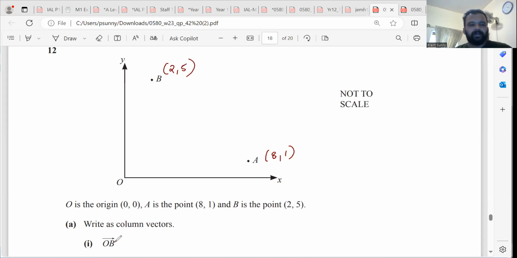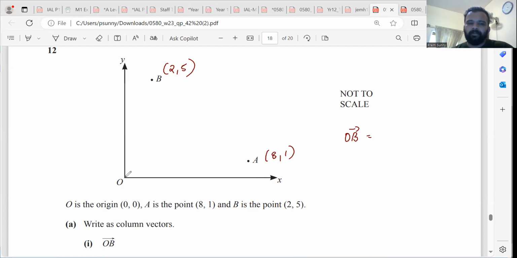First part, write as column vectors OB. So OB means from the origin we are starting and we need to reach B. So the vector OB means from the origin we need to reach B. What is the best possible route to reach from O to B?